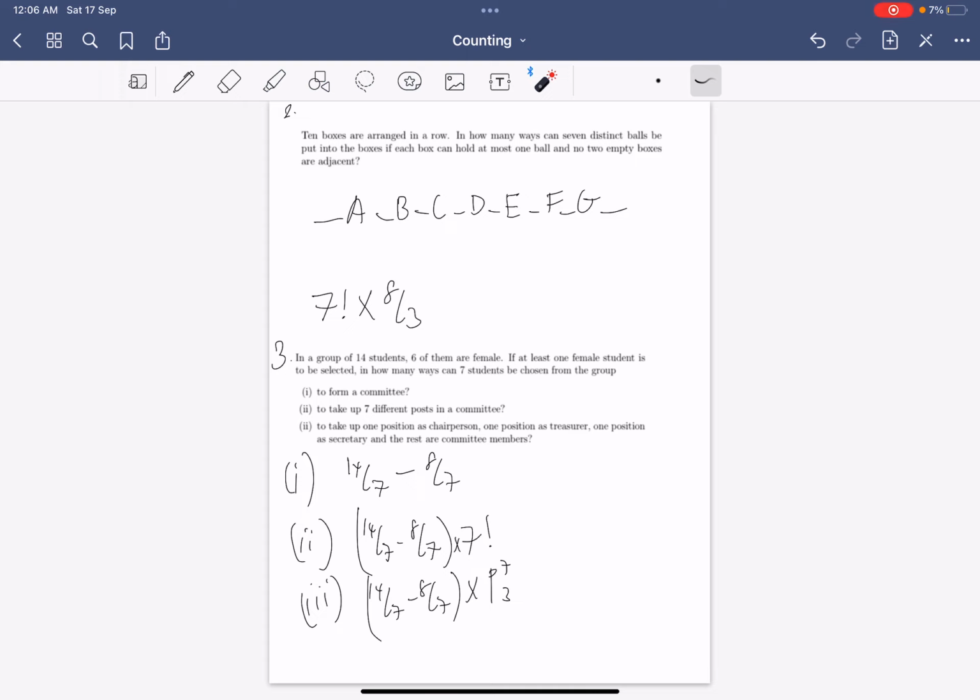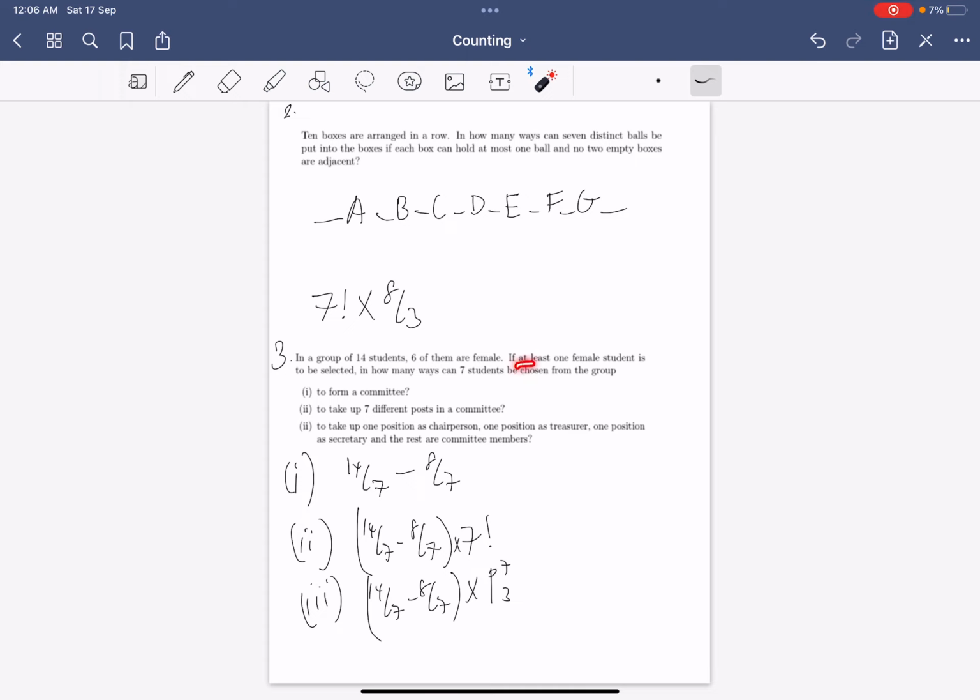Moving on, let's see one more example before we move on to proving techniques. In our example, we now want at least 1 female student to be selected to form a group of 7, with 6 females and 8 males in total. So how many ways to form the committee?